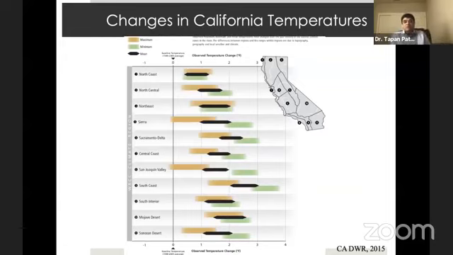As you can see, the deviation in the minimum temperature is roughly between 2 to 4 degrees Fahrenheit, whereas the maximum temperature is between 0 to 2. So there is a clear trend where minimum temperatures are increasing at a much higher rate than the maximum temperatures.